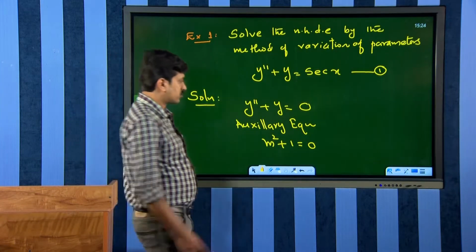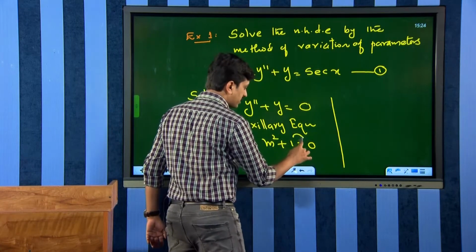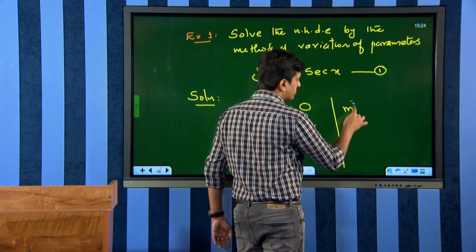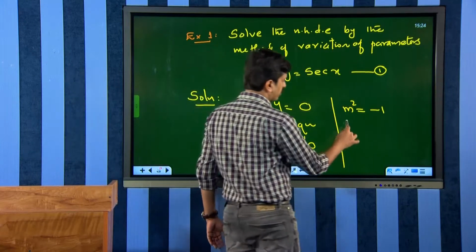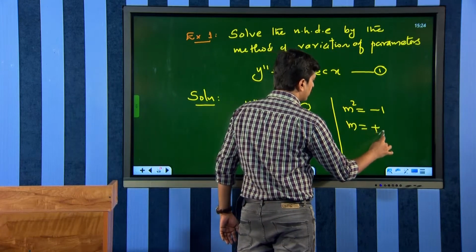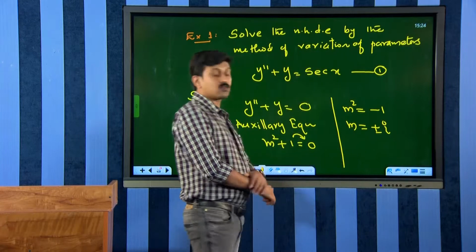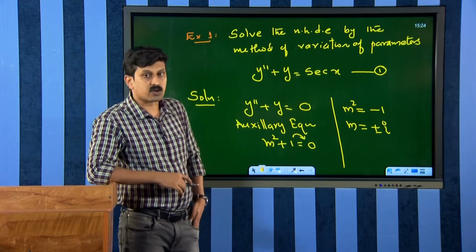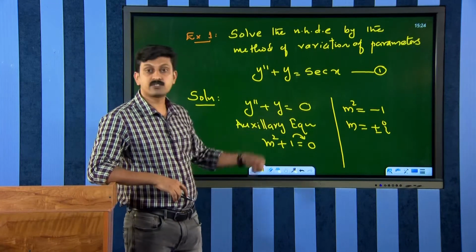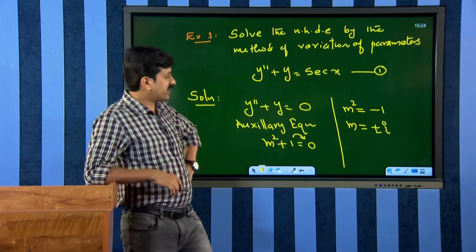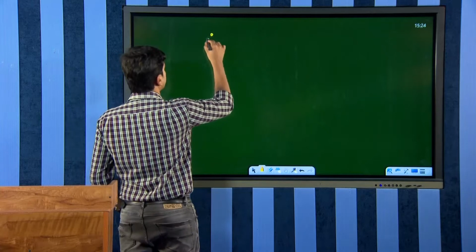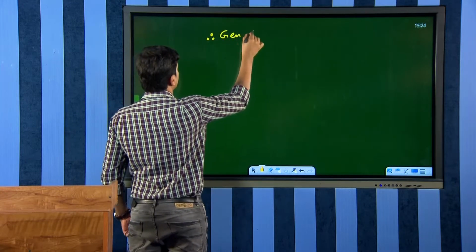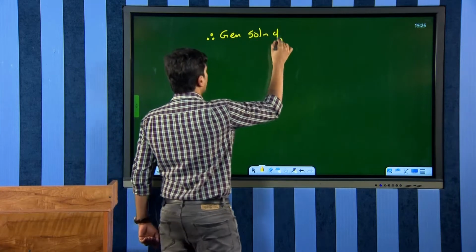We take the 1 to the other side, therefore m square is equal to minus 1, so m is equal to plus or minus i. The roots are complex conjugates with the real part equal to 0.